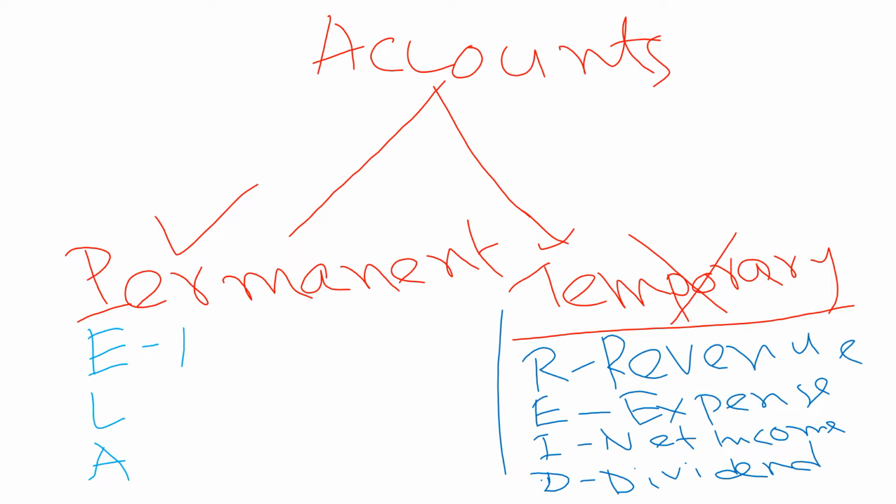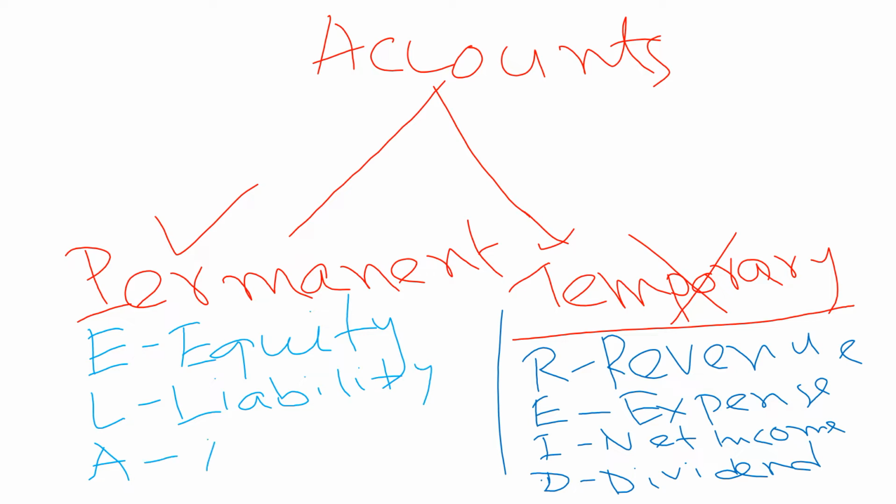They are E for equity, L for liability, and A for assets. So these accounts are not closed.